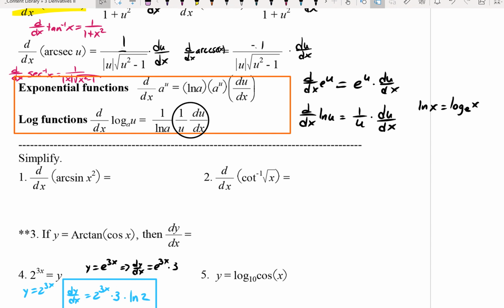So this is base e. When your base is something other than e, you have to also divide by the extra ln a. Sometimes it's easy to remember this by writing it as 1 over u ln a du dx, and then this spells ulna, 1 over ulna. This is sometimes an easy way to remember it.